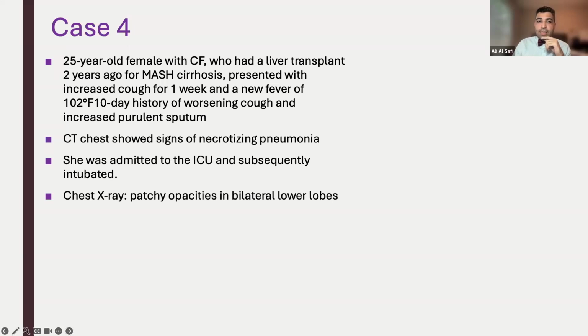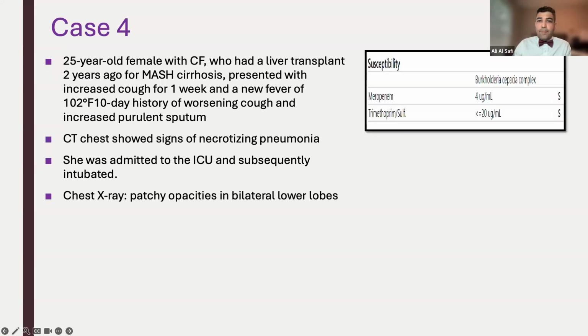Her CT scan showed signs of necrotizing pneumonia. She was admitted to the ICU and subsequently intubated. They did another repeat X-ray, showed patchy opacities in the bilateral lower lobes with no changes in her necrotizing pneumonia.